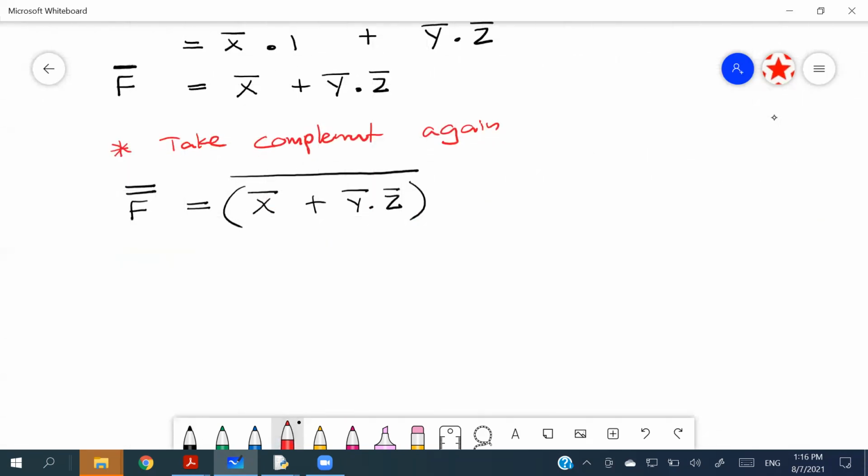Right? So the final one is like apply the De Morgan to take the POS. So f double bar means this.